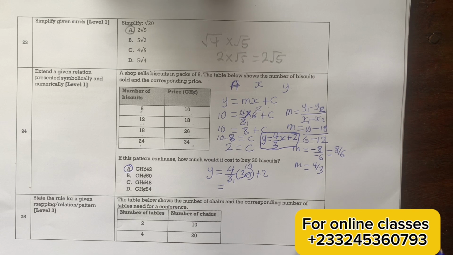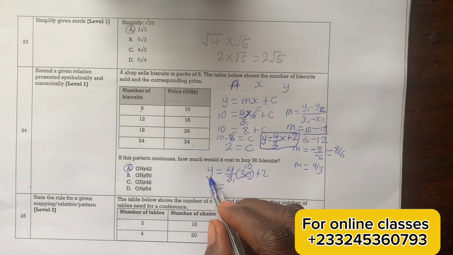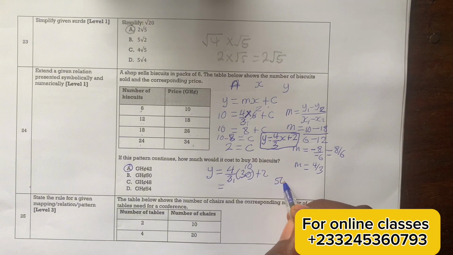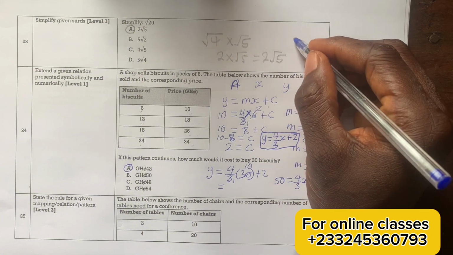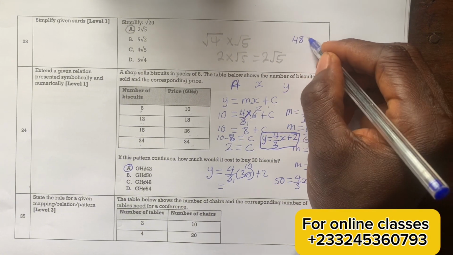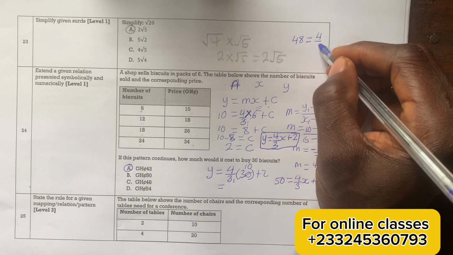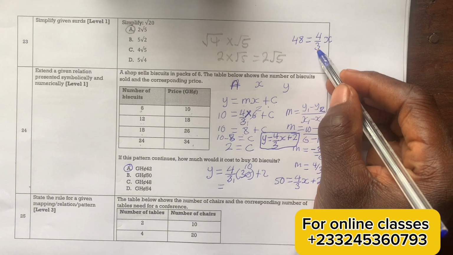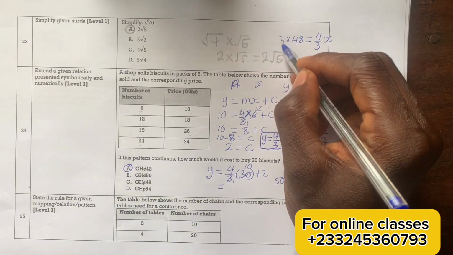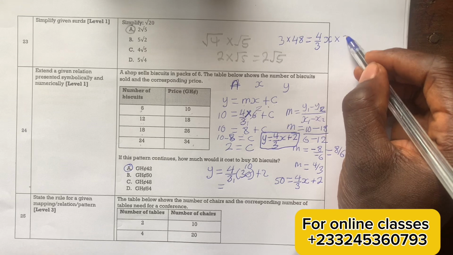If I have 50 Ghana cedis, then that means y is 50, so we have 50 equals 4 divided by 3 x plus 2. We subtract 2 from 50 to get 48. So we write 48 equals 4 on 3 times the number of biscuits. Here we multiply both sides by 3.